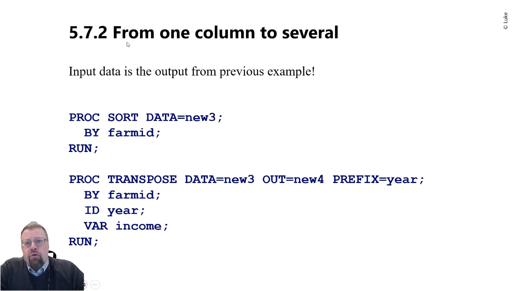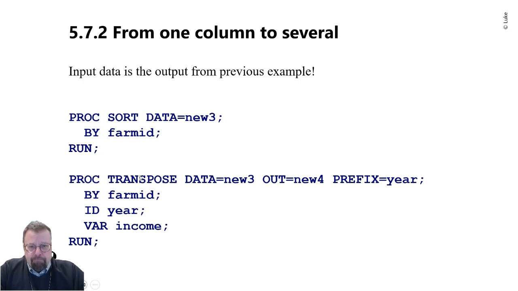Then if we go to the other situation, the transposing from one column to several columns, so basically going the other way around, starting from the output of the previous example and going to the original version. That can also be done using the transpose procedure.